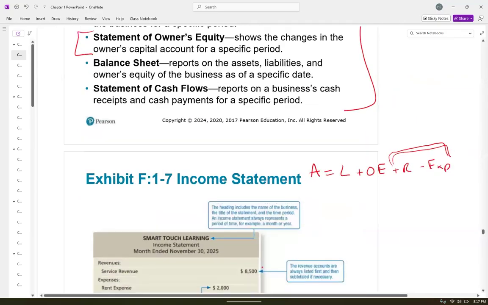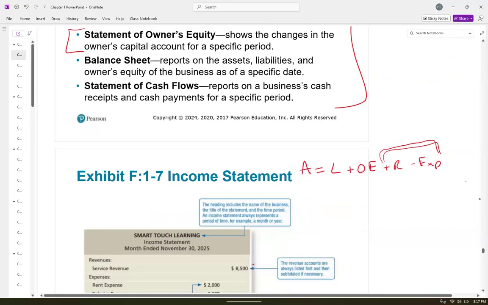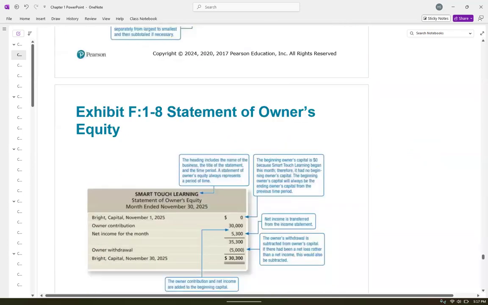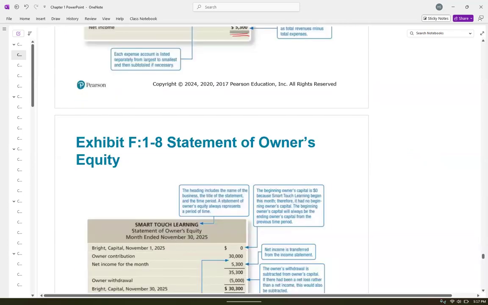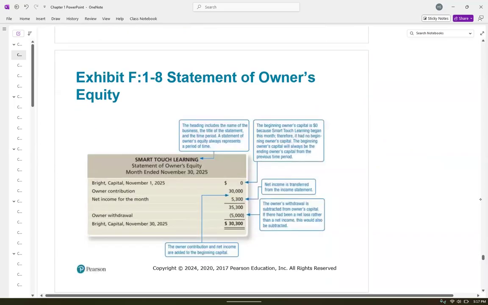So you can see our equation here. We're going to do the statement of owner's equity, which will include this net income that we got from the income statement. We'll talk a little bit more about the dates and titles on these later. I don't want us to get bogged down in too much detail right now.